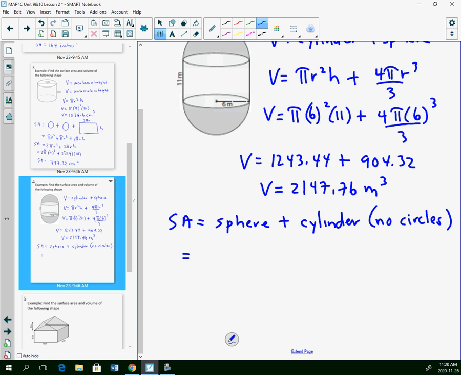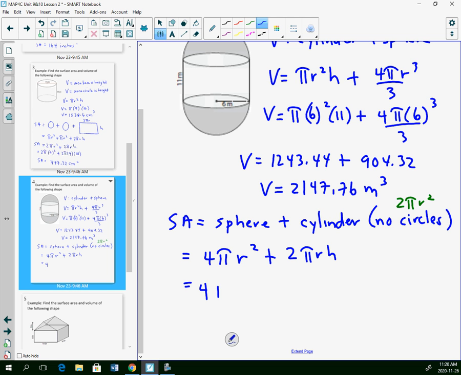The formula for the surface area of a sphere is 4 pi r squared. Normally the cylinder is 2 pi r squared for the circles, but we're not going to include that, so we're just going to include the 2 pi r h.